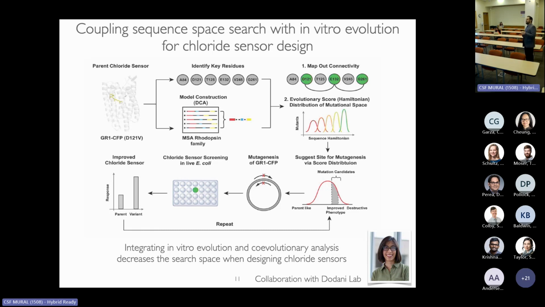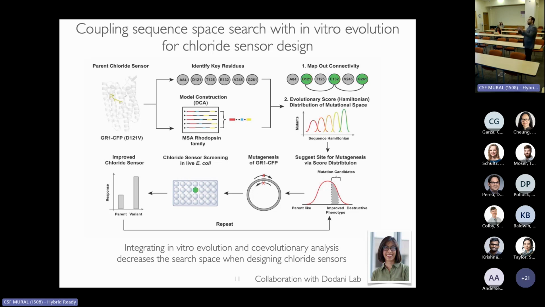Right? So this is a rhodopsin that only fluoresces when it's bound to chloride. And that has very interesting applications because it can be used as a sensor. The issue is that this chloride fluorescence was not so high, so it was hard to use in applications if fluorescence was not optimized.